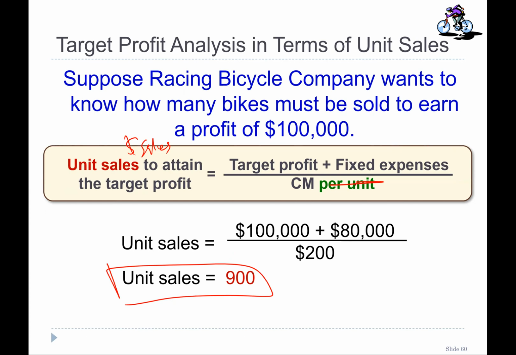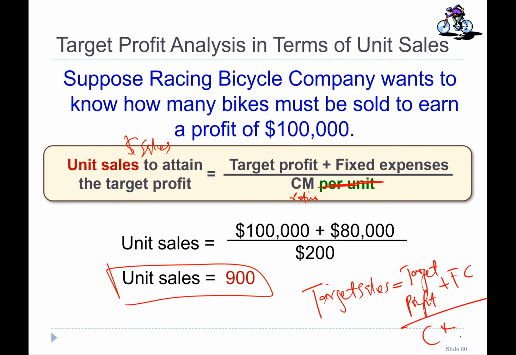Then this becomes CM ratio. Essentially, what I'm trying to say is that your target sales is equal to your target profit plus fixed cost divided by CM ratio. That's it.